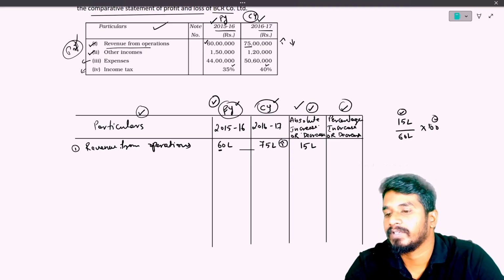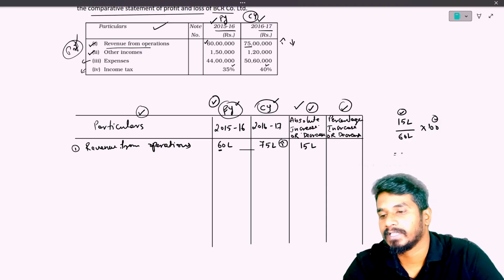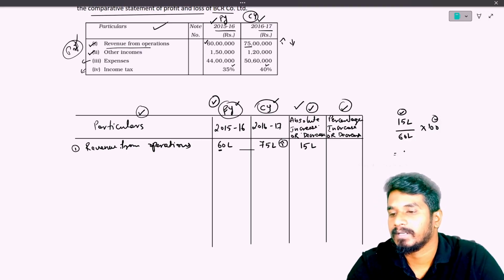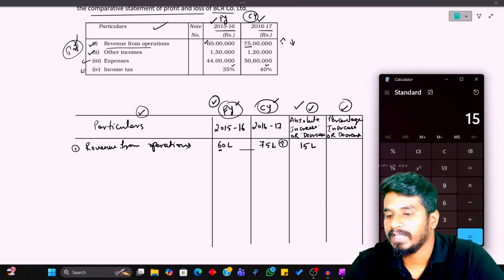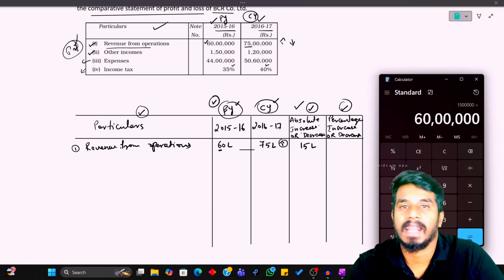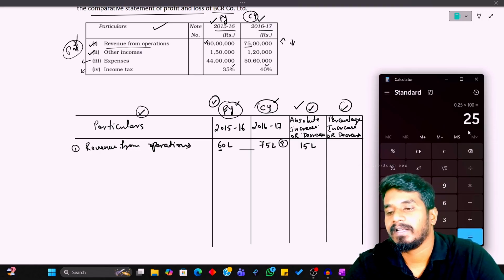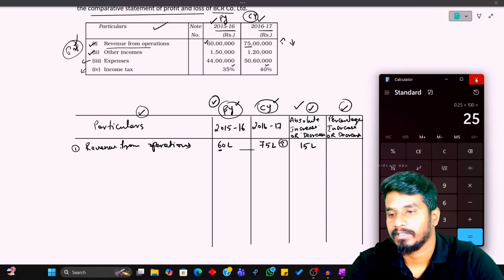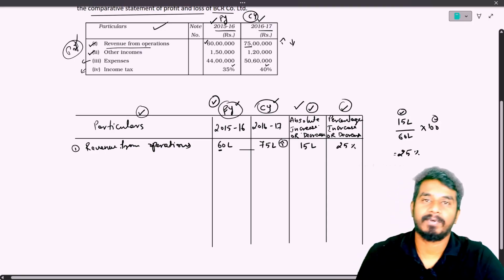If you multiply by 100, then only you'll get the percentage, correct? So 15 lakh is the change divided by previous year revenue 60 lakhs into 100. If you do that, you'll get 25 percentage. Did you understand this? So here you write 25 percentage.